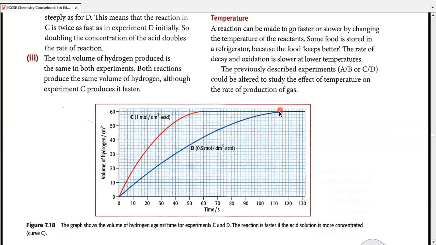Let's say he asks you what is the value of the rate of reaction for graph D at 50 seconds. Of course, you understand you're going to extrapolate at 50 seconds and then over to the y-axis, which would give you the volume of hydrogen at any specific point in time. So you can always work out and extrapolate the values.